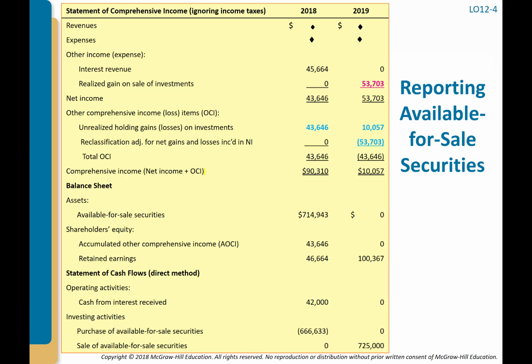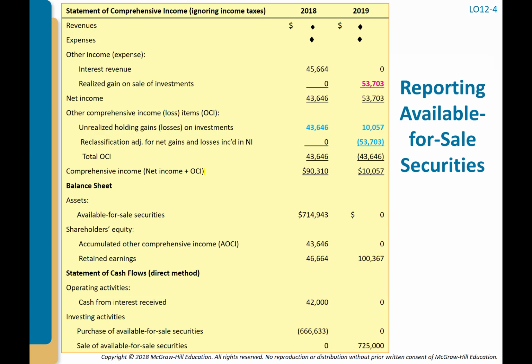Okay. Now, we go through the closing entry process, and if they had the correct numbers up here, it would have been for the interest of 45,664. And so we would have gone ahead and credited income summary for 45,644.